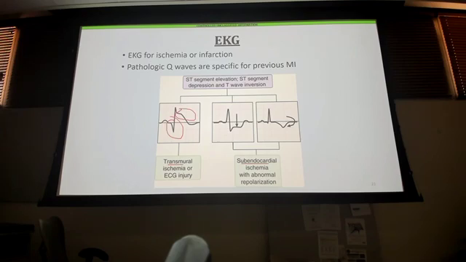Because remember, the way the blood vessels penetrate through the myocardium, that subendocardial region is the last or terminal portion of those arteries. So this is your most susceptible region, and if I have some ischemia or that 90% blockage, it's going to impact the amount of blood coming to that region and cause the ischemic changes that you see there, the T wave inversions and ST depressions. So those are indicative of subendocardial ischemia.